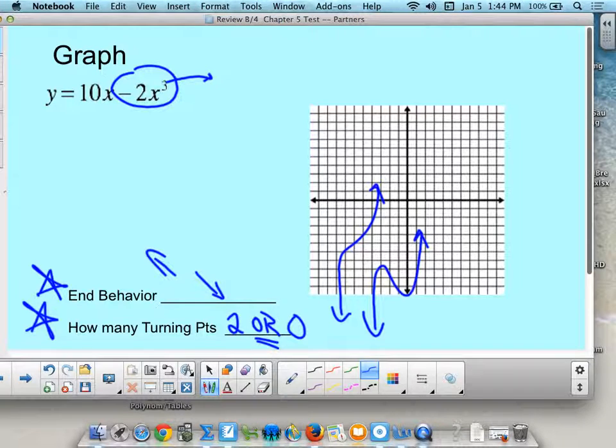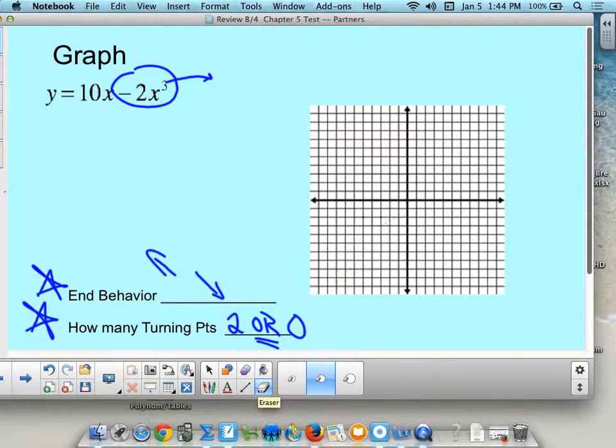Now you tell me, if we're going to graph, what should we find first? The zeros. How do you get the zeros? Foil or factor? Factor. Go. Factor it right now.